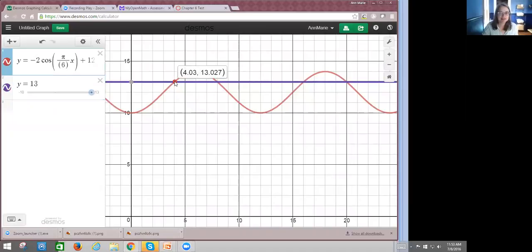What I care about is this point here and this point here. We get 13 hours of daylight in month 4, which is April, and we keep it until August, which is month 8.